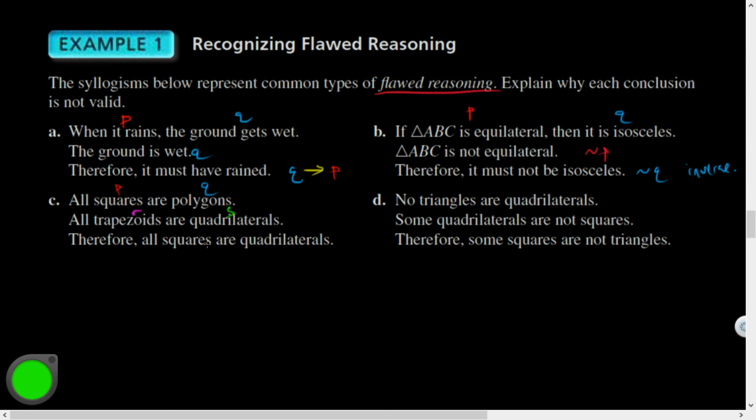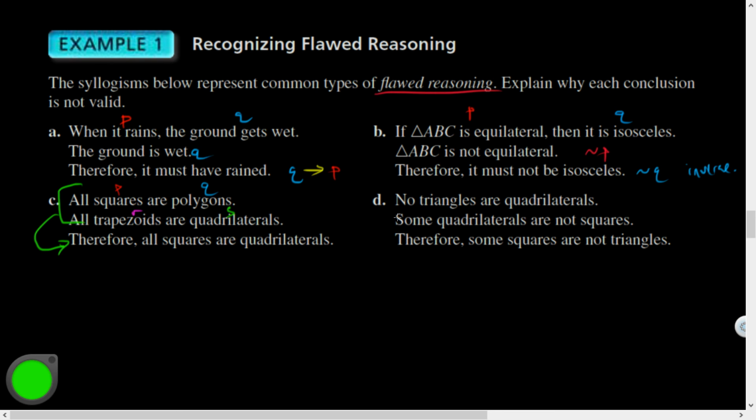Now, that might be a true statement, but if all I knew was these two, I cannot conclude that. Because none of the conclusions were the same as the hypothesis of the other statement. All right, so I agree all squares are quadrilaterals is itself a true statement, but it is not true because of the combination of these two statements.